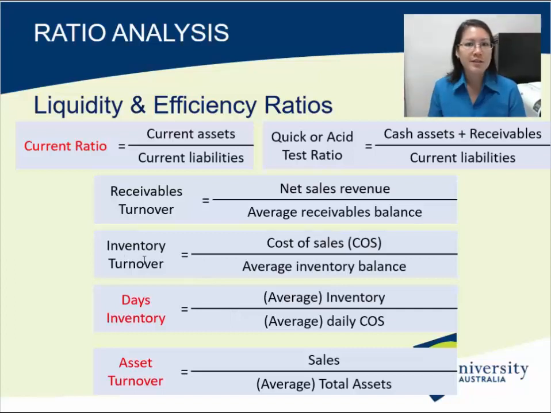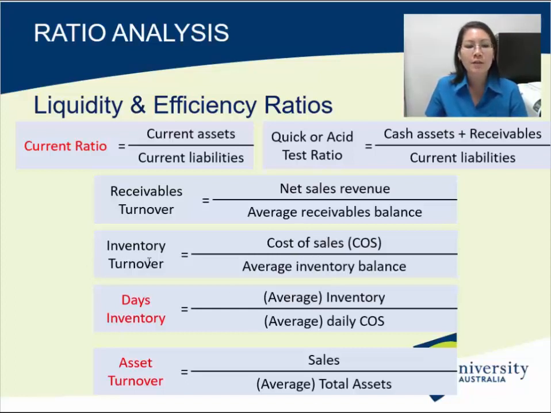Inventory turnover, same concept. How quickly are we selling our inventory? So from the point where we actually purchase our inventory to the point where we turn it into a cost of sales, where we actually sell it, how long is that period? So again, the inventory turnover figure simply states how often we are turning over our inventory into sales, and again, you can see that in the mathematical formula.